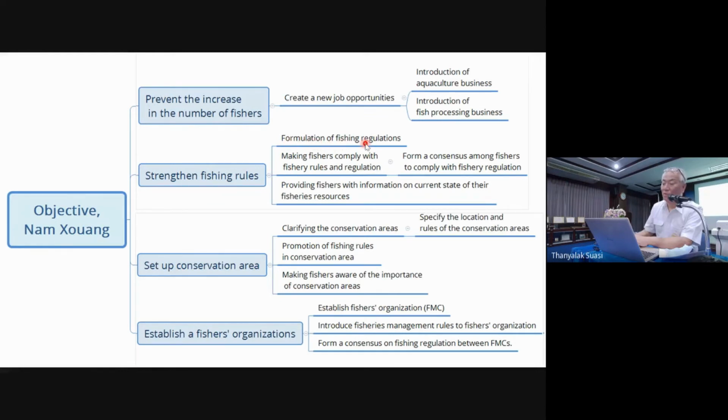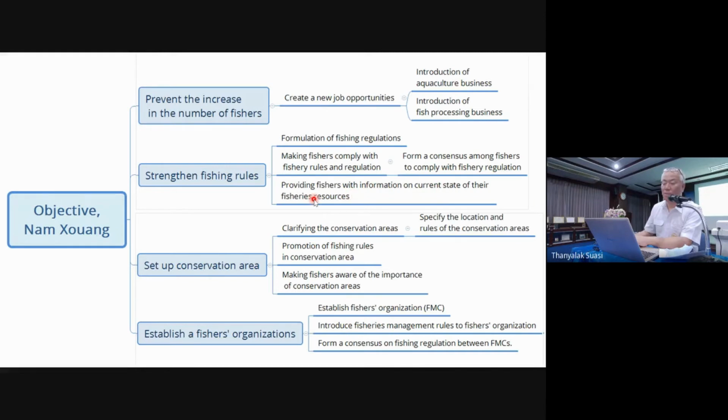formulating fishing regulations, making fishers comply with fisheries regulation rules, and forming consensus among the fishers to comply with fisheries regulation, and then providing the fishers with information on the current status of their fishery resources.